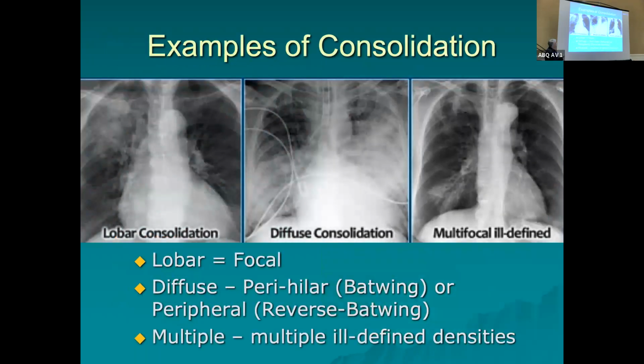Versus a diffuse situation where I've got it over here and over here and down in here, thinking about a perihilar or bat wing type of appearance. Or multifocal, which could be a focal area that's very ill-defined, not really in one particular area.